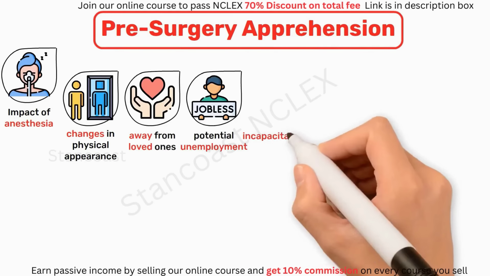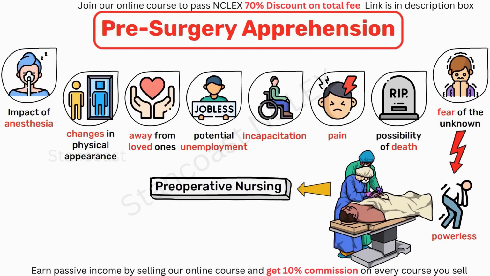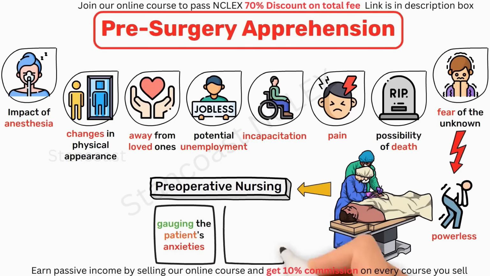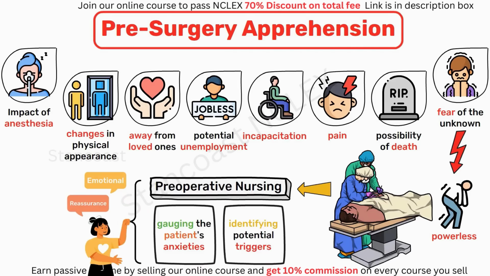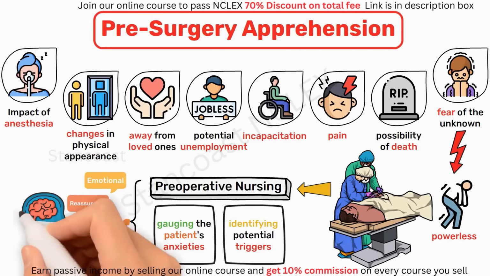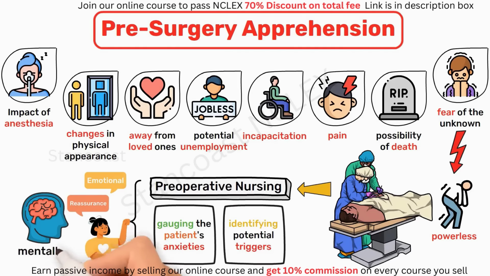Nevertheless, the most profound anxiety is often related to the fear of the unknown, which can render the patient feeling powerless. Consequently, a crucial component of preoperative nursing involves gauging the patient's anxieties and identifying potential triggers. By doing so, emotional reassurance can be provided, ensuring the patient is mentally well prepared for the upcoming procedure.